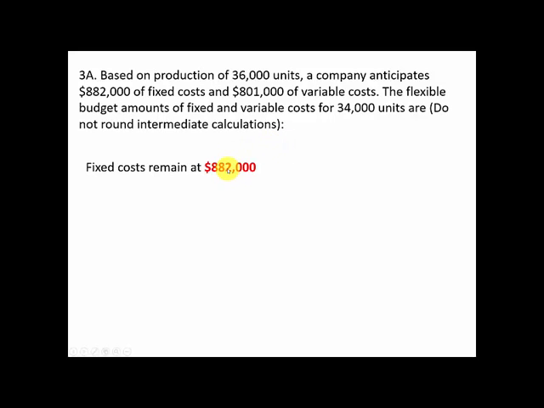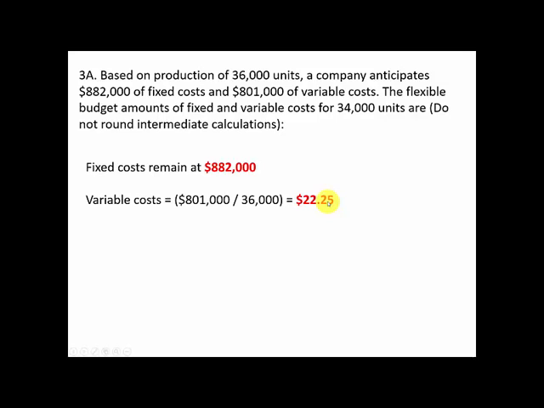So if fixed costs stay the same no matter what volume we're operating at, whether it's 34,000 units, 36,000 units, or even 0 units, our variable costs are going to go, let's see, $801,000 was the total variable cost at 36,000 units. Okay, so that means that the variable cost per unit was $22.25.